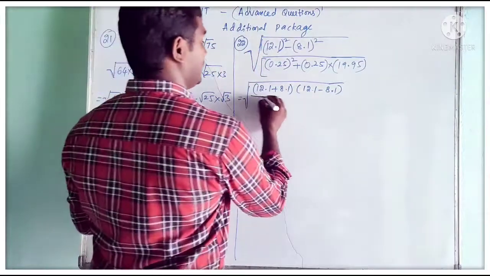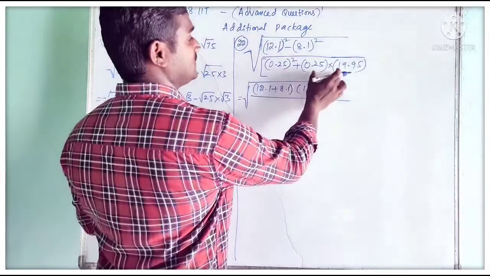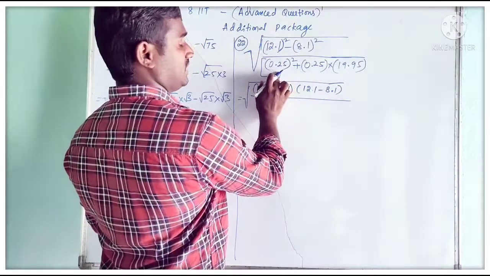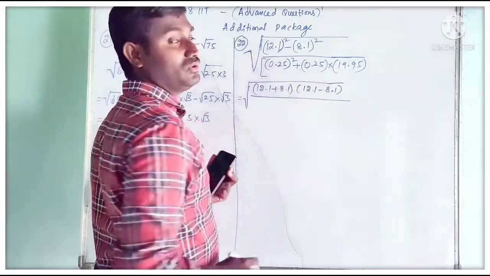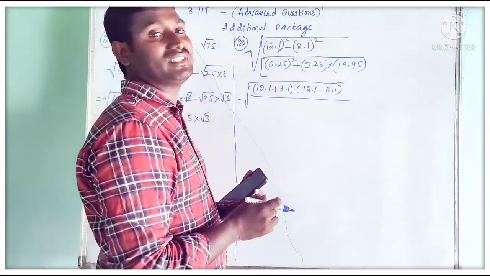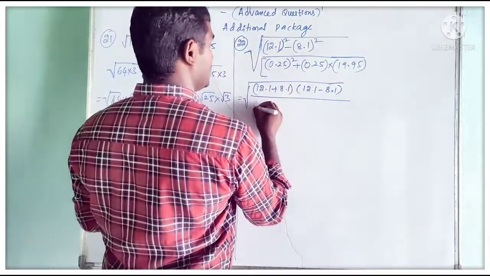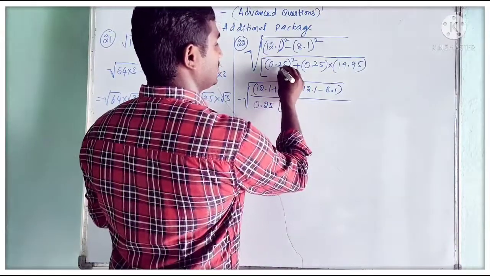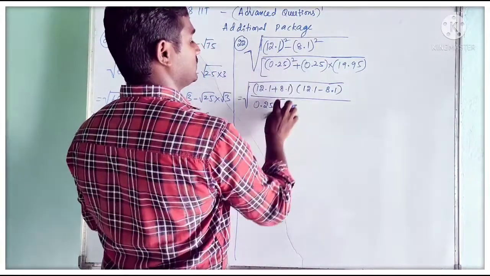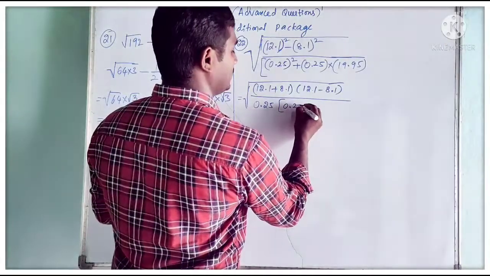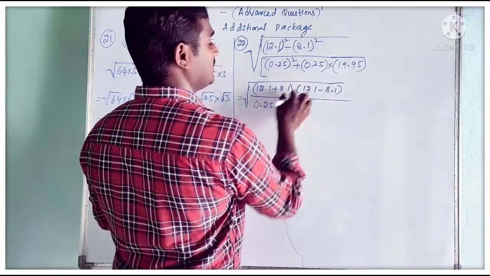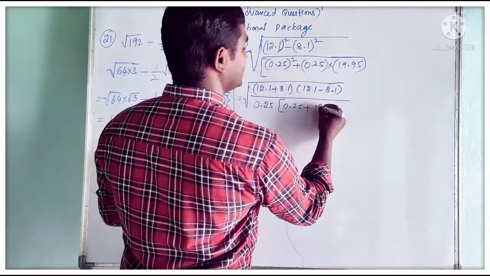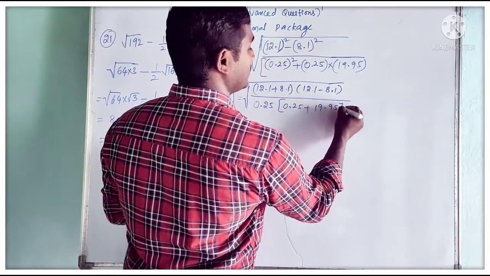Divided by, in these two terms in the denominator we have 0.25 as common. If we take it out common, left over is 0.25 whole square divided by 0.25, so 0.25 will be there, plus the left over number is 19.95.